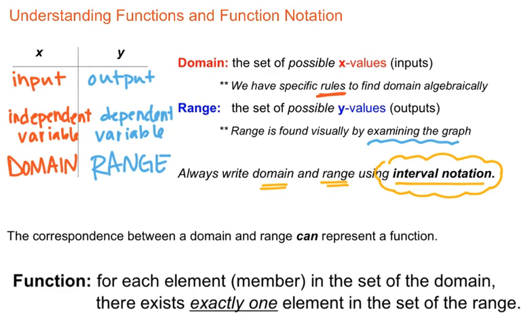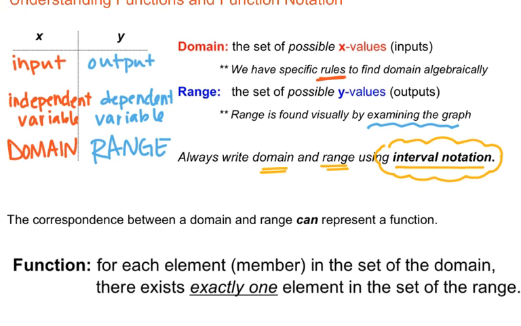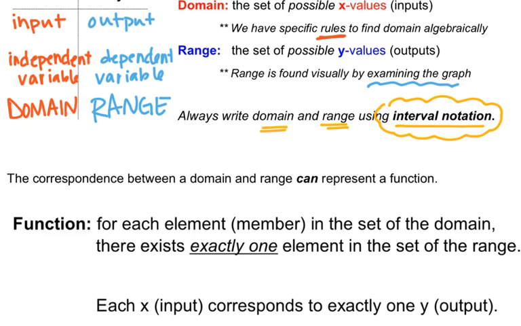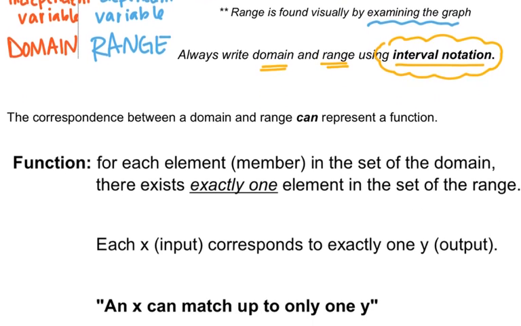So for each element in the set of the domain, there exists exactly and only one element in the set of the range. So breaking that down, basically that says each x corresponds to exactly one y. X can only go to one y value. Remember, x are my input and y are my output.